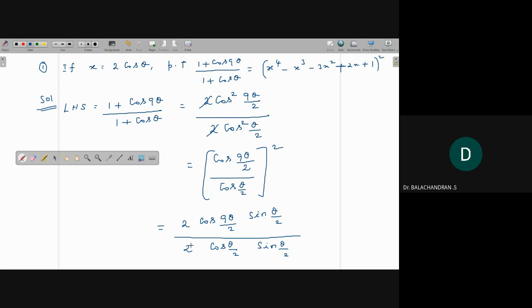So if you cancel 2 and sin theta by 2, you have cos 9 theta by 2 divided by cos theta by 2. So now the numerator is of the form 2 cos A sin B. The denominator is of the form 2 sin theta into cos theta.